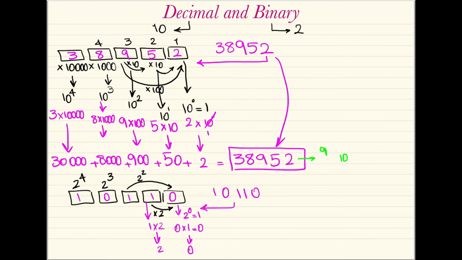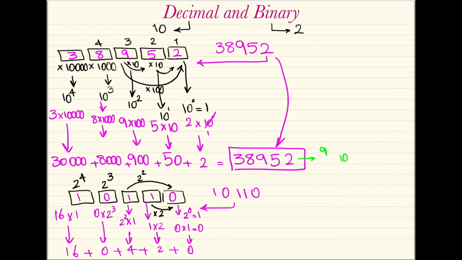And then this box is 2 to 2 times 1, which is 4. This one is 0 times 2 to 3, which is 0. And this one is 16 times 1, which is 16.